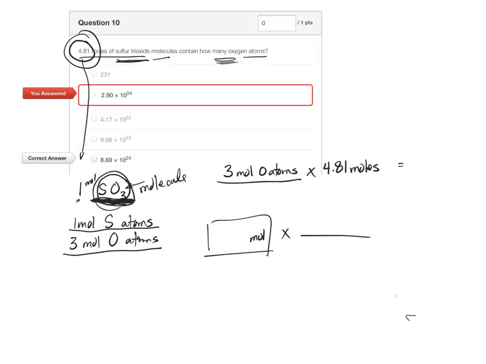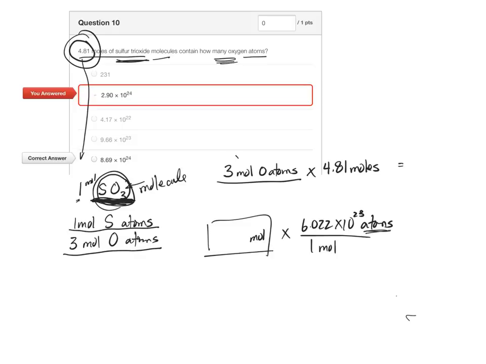That's that big one that I gave you on the sheet. So 1 mole of any compound contains 6.022 times 10 to the 23rd atoms. In this case, atoms. You could use molecules or anything here, but in this case, we're using atoms.